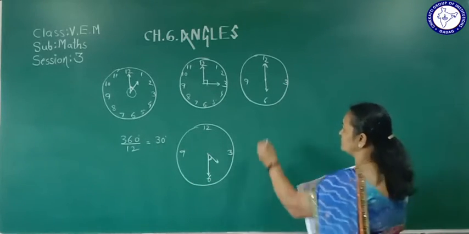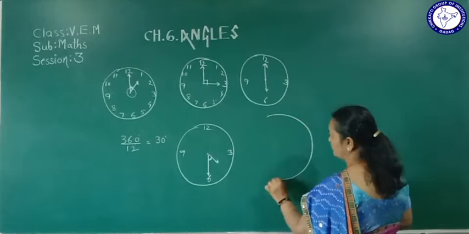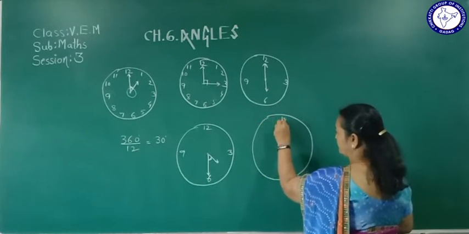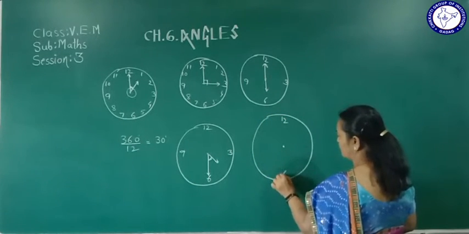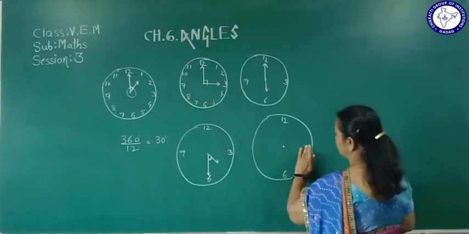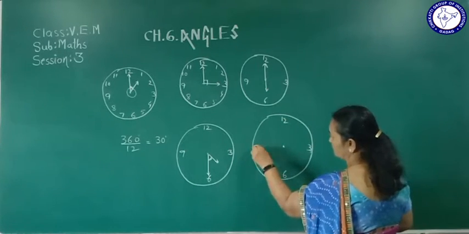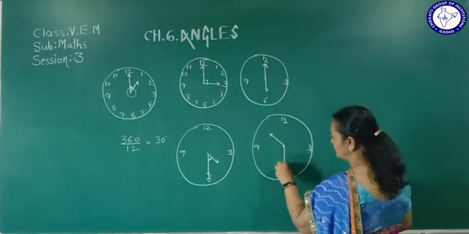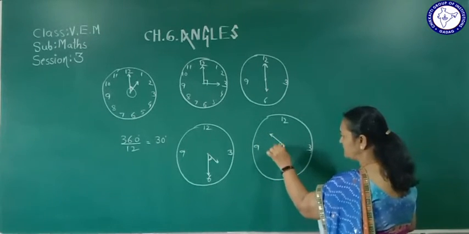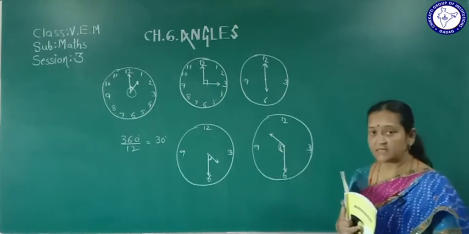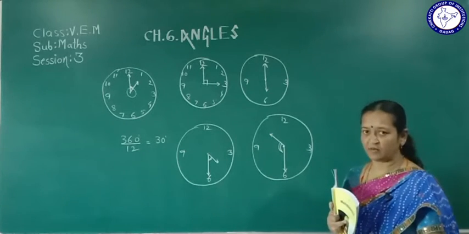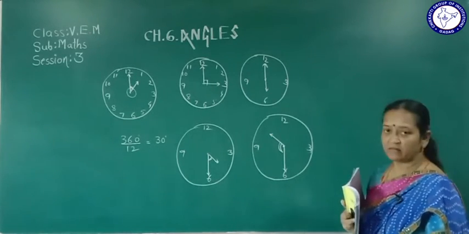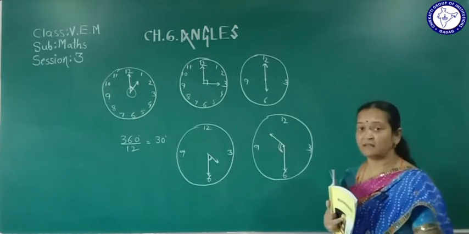Okay, now suppose the time is 10:30, then the angle between both the hands is an obtuse angle. Okay, so these are the angles in the clock.